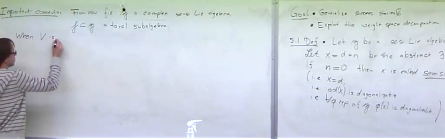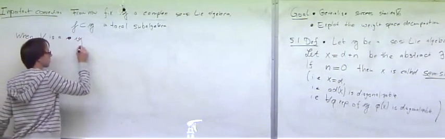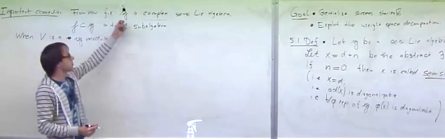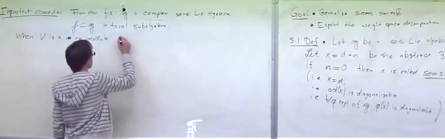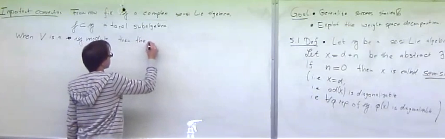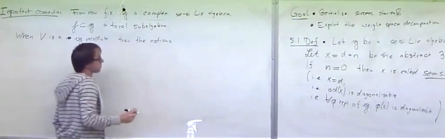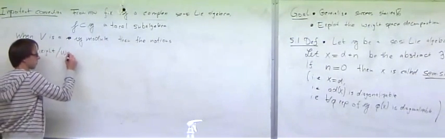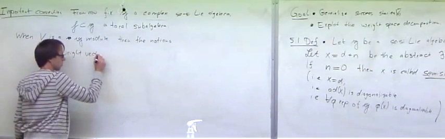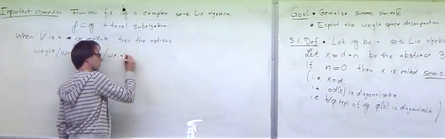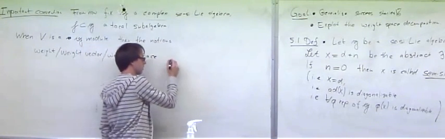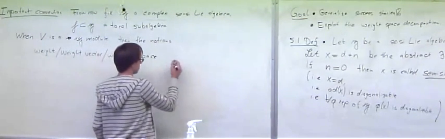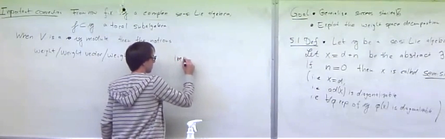And when V is a G module, so we will study representations of our semi-simple Lie algebra, then the notions of weight, weight vector, or weight space will always refer to the restriction of V to H. And I don't want to always say this, so this will be implicit from now.